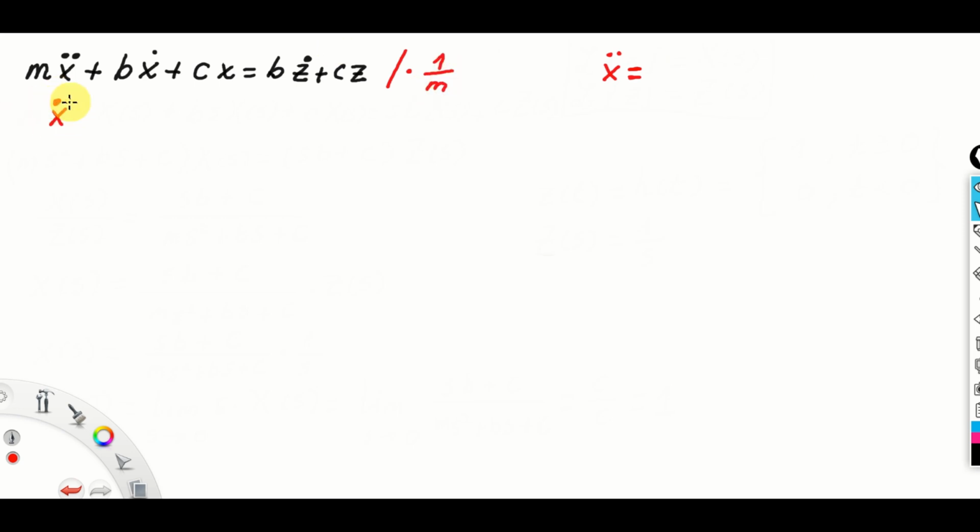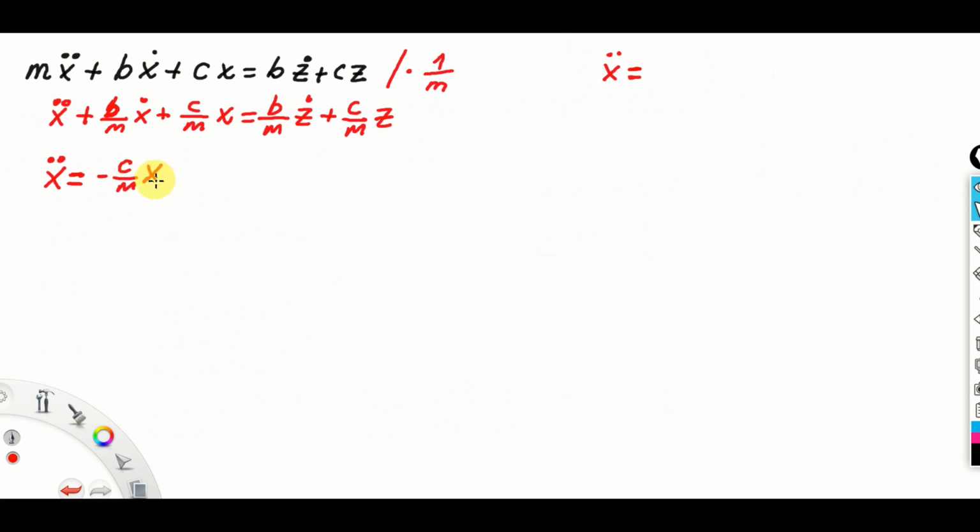Consequently, we obtain x double dot plus b over m x dot plus c over m x is equal to b over m z dot plus c over m z. Next, from this equation we obtain x double dot is equal to minus c over m x minus b over m x dot plus b over m z dot plus c over m z.